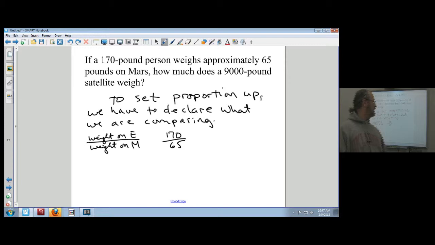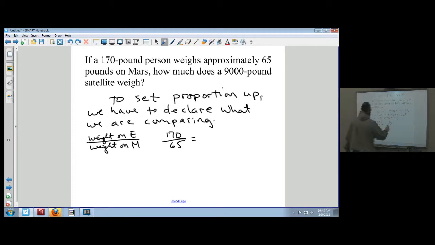All right, good. But this is a proportion, ladies and gentlemen. How much does a 9,000-pound satellite weigh? We've got this 9,000-pound satellite, and we're fixing to launch it to Mars. Right now it weighs 9,000 pounds and we're on Earth.